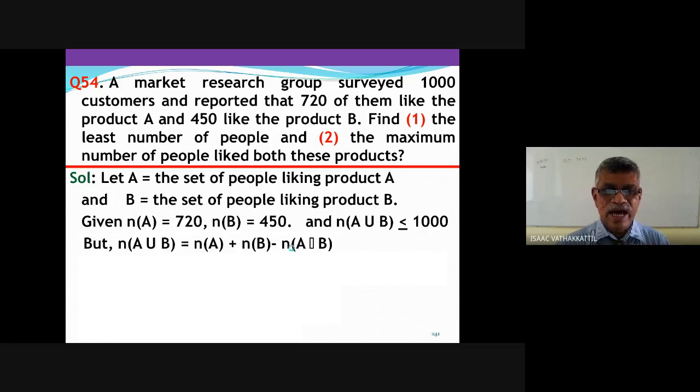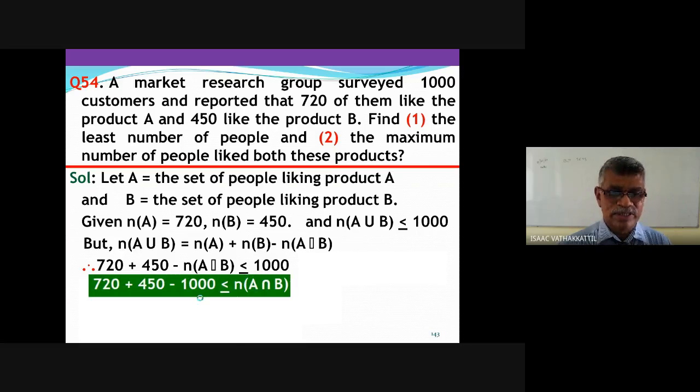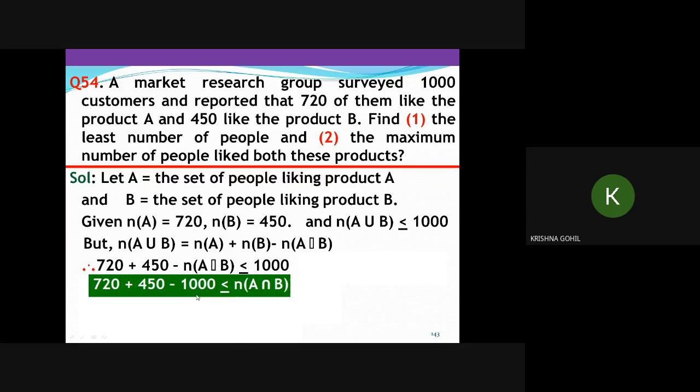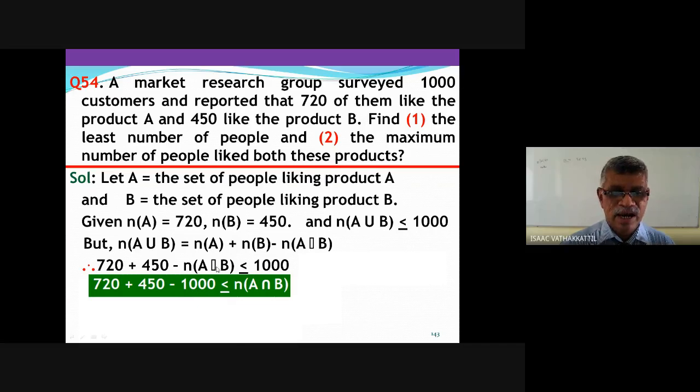Agreed? That means, what is the formula for number of A union B? Number of A plus number of B minus number of A intersection B cannot exceed 1000. So 720 plus 450 minus number of A intersection B is less than or equal to 1000. Now I take number of A intersection B to that side.